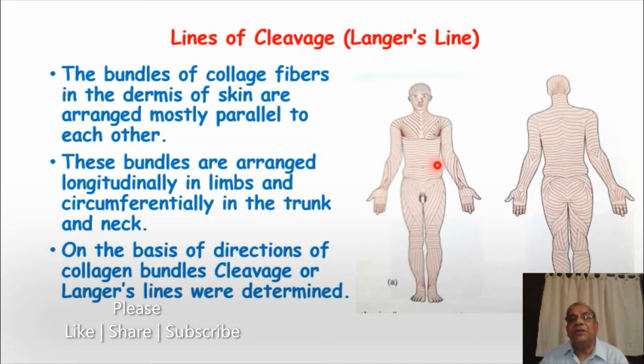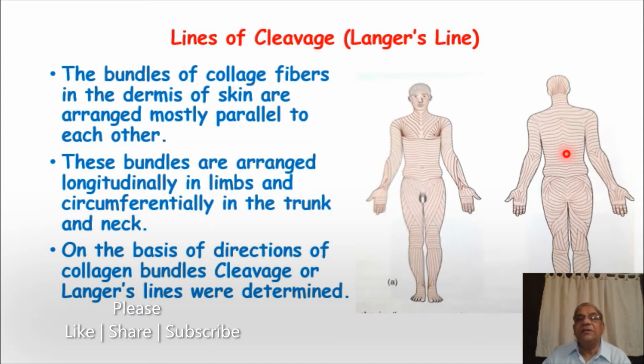That means they are running transversely, in the front of the trunk and in the back of the trunk. So in summary, these Langer's lines were determined on the basis of the direction of the collagen bundles which are arranged in the dermis.